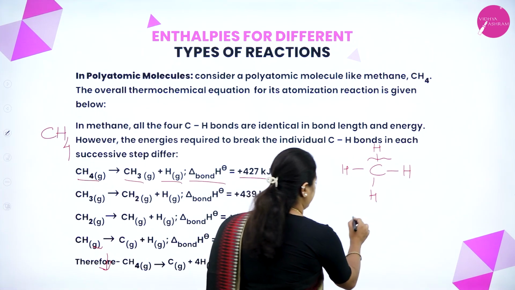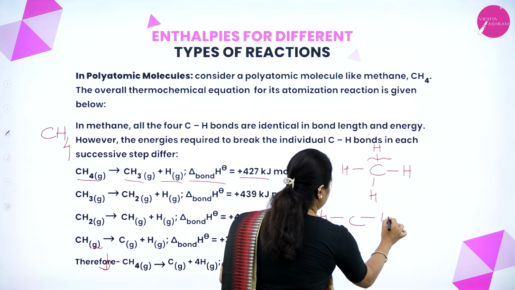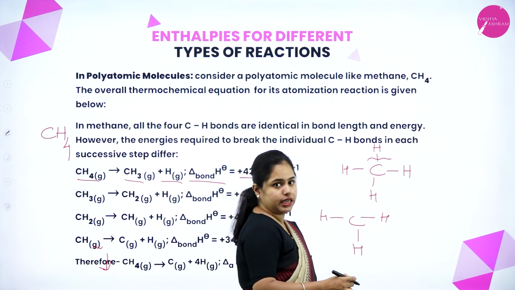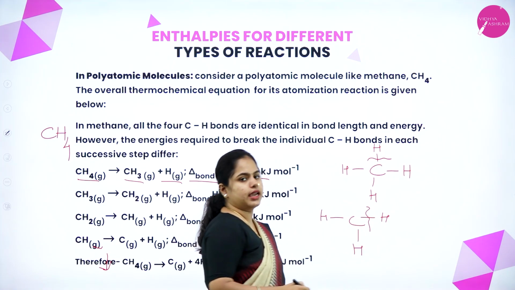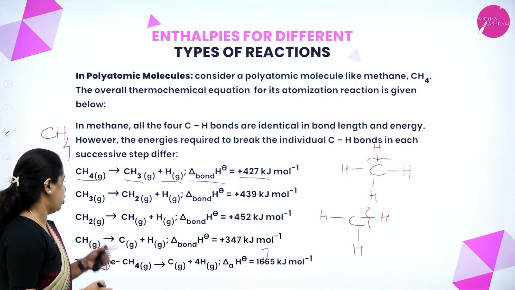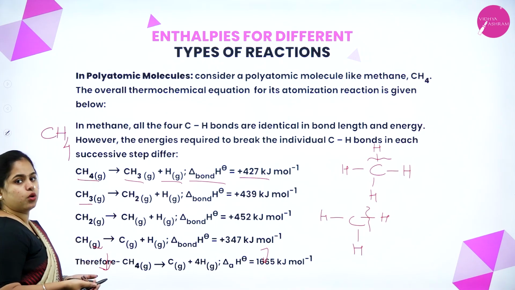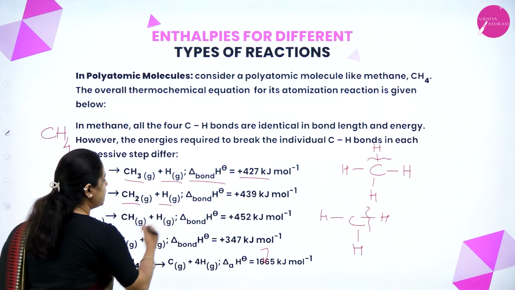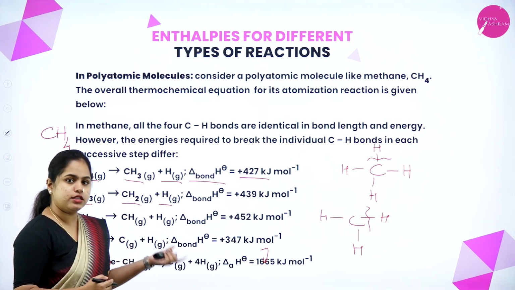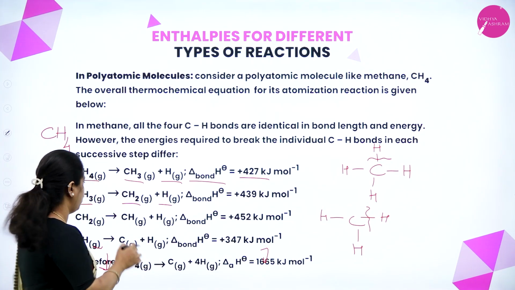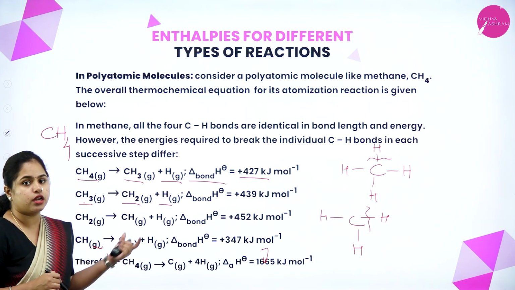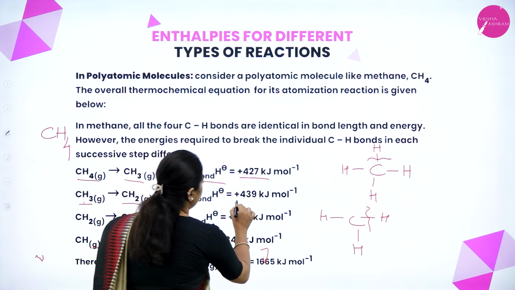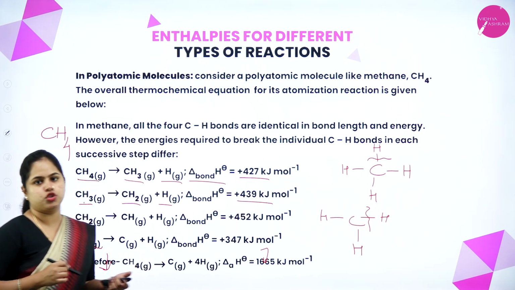It is just CH3, and in CH3 we are going to break the second bond, that is the next carbon-hydrogen bond. So from CH3 we are going to break down into CH2 and H. So now the bond dissociation energy will be different, right? Because we are starting from CH3, not CH4.